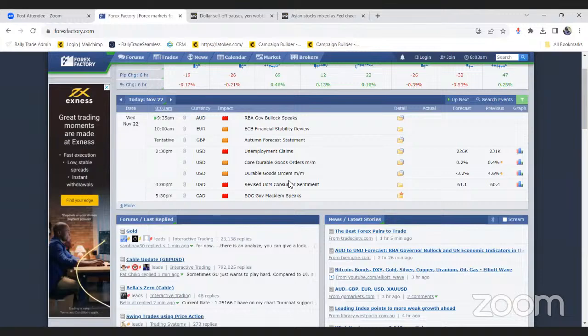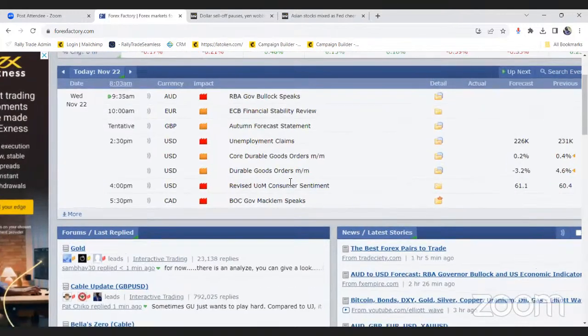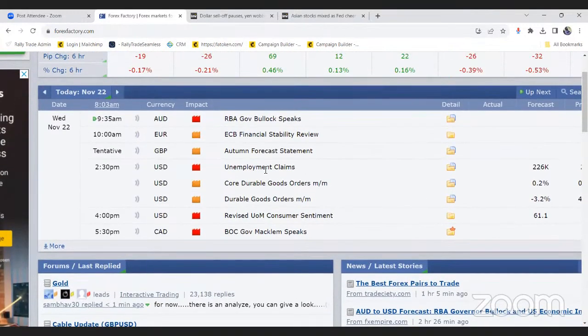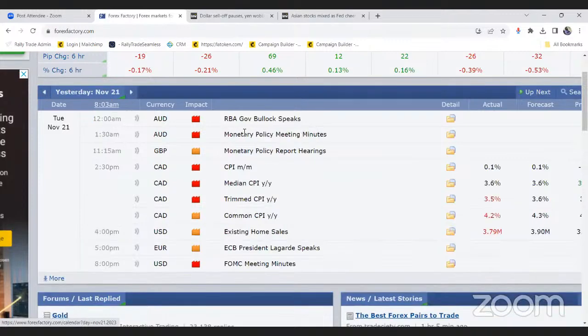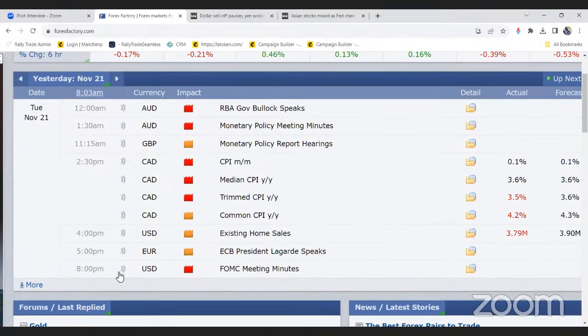But that said, yesterday we had FOMC minutes, and let's check it out here. I'll try and explain briefly the difference between FOMC and FOMC meeting minutes. Here you have it. By 8 p.m. yesterday, we had FOMC meeting minutes, which is a high impact event for the dollar and caused some level of volatility in the market.